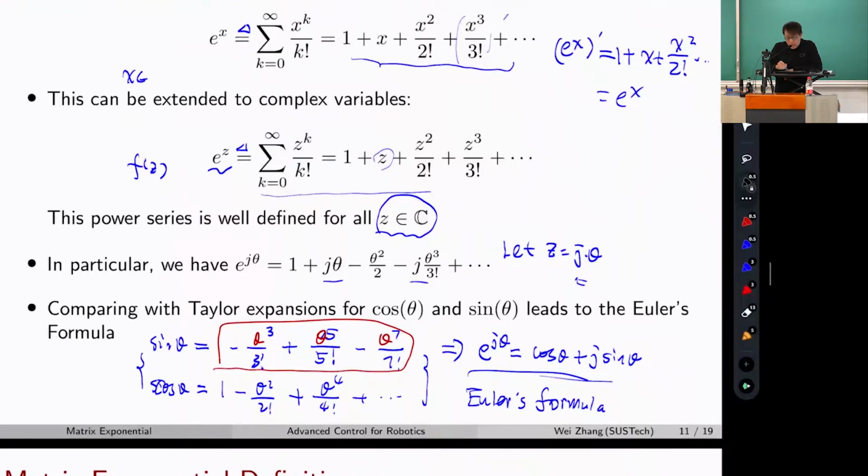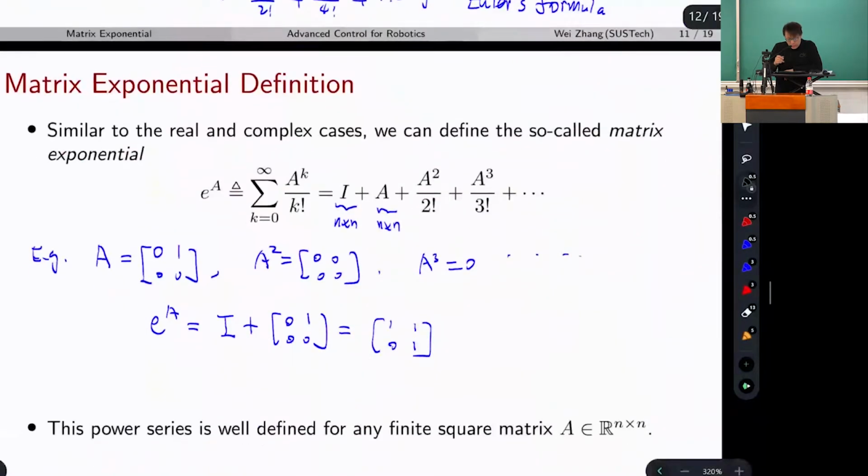If you can understand the exponential function of a complex number, then it should be easy for you to understand exponentials with respect to matrix variables. By definition, the matrix exponential, e to the A, just think about this as a symbol, is defined as the summation of this infinite number of terms.